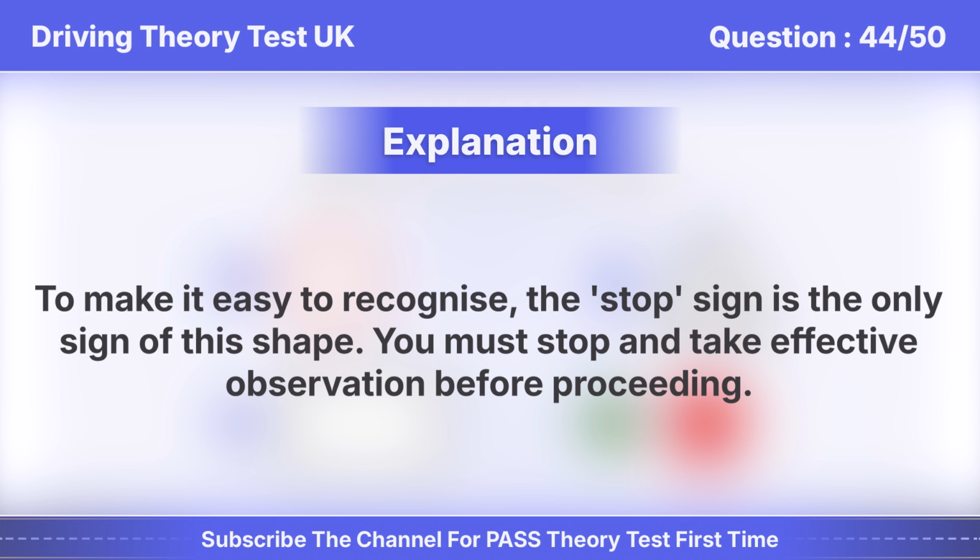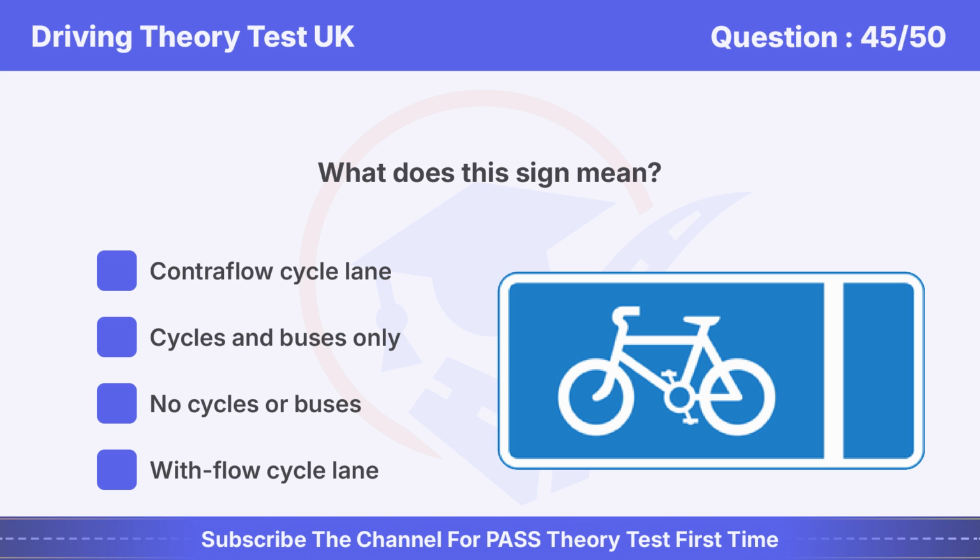You must stop and take effective observation before proceeding. Question 45. What does this sign mean? Answer is D, with-flow cycle lane.